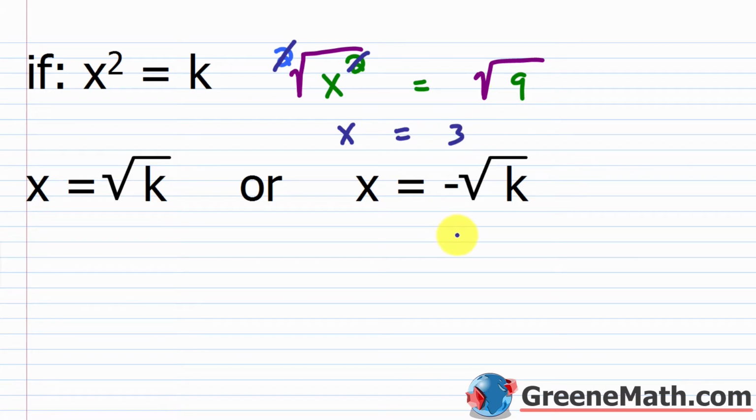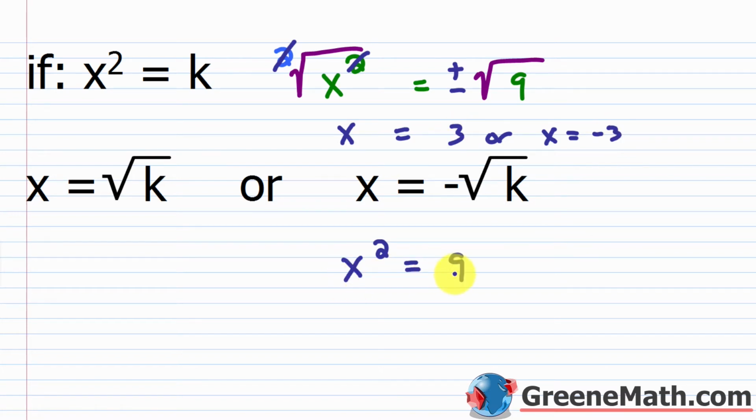Now think about this for a minute. Did I get the correct full solution? If x squared is equal to 9, well, 3 squared is equal to 9, but also negative 3 squared is equal to 9. So in order to get the full solution here, I've got to have plus or minus the square root of 9. So this leads to x equals 3 or x equals negative 3.